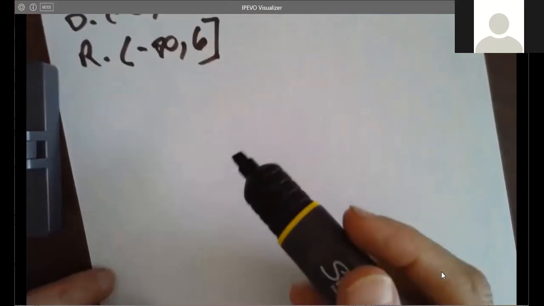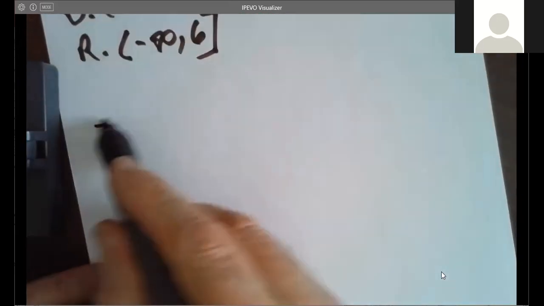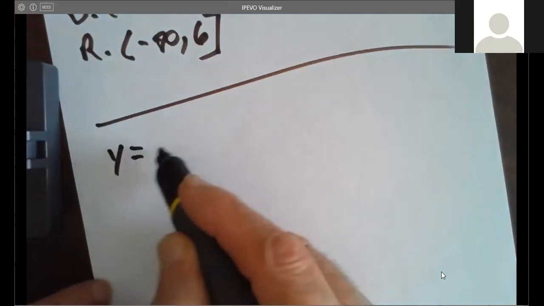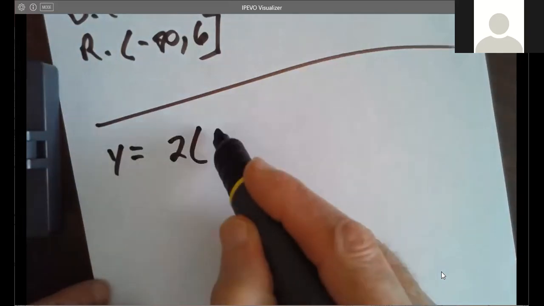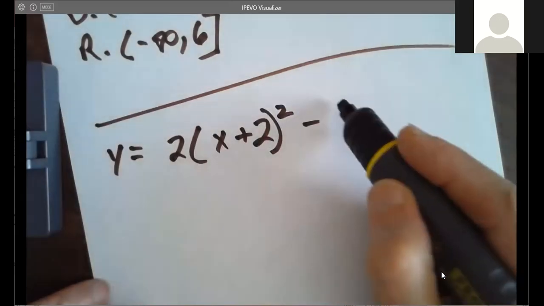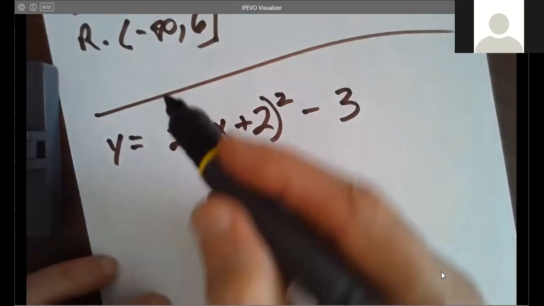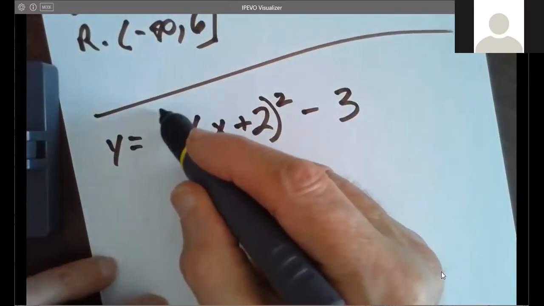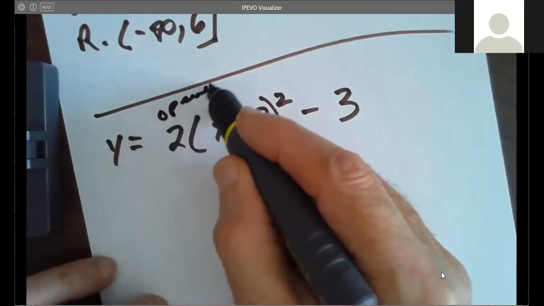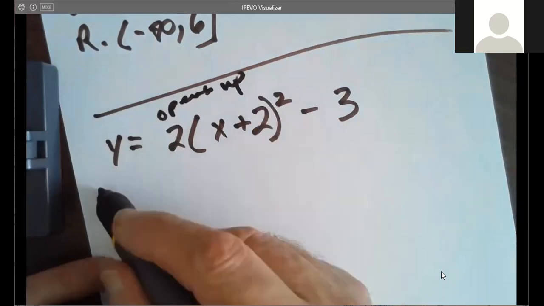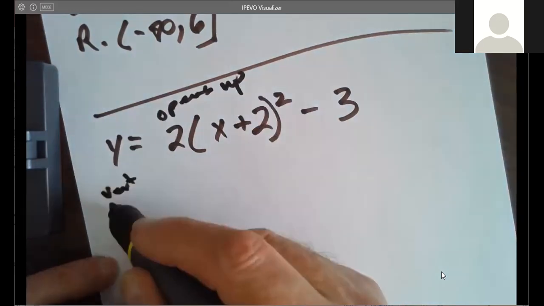All right, the next one, we've got y equals 2 times (x plus 2) squared, minus 3. The 2 is, because it's positive, right, opens up. The 2 is going to make it vertically stretch.